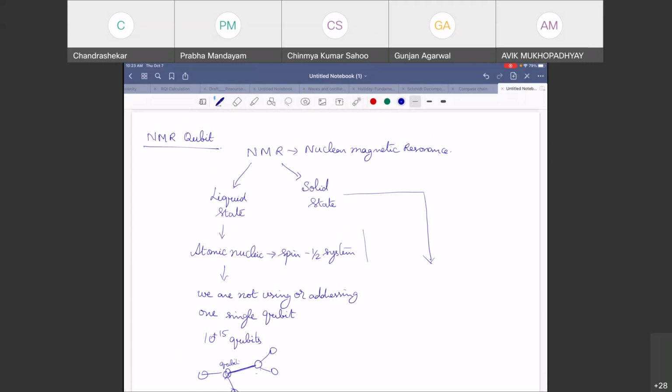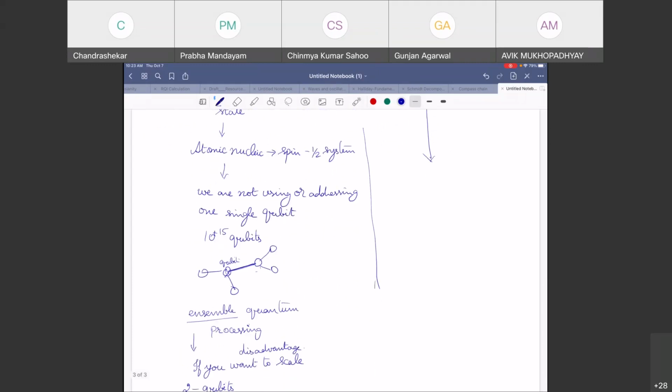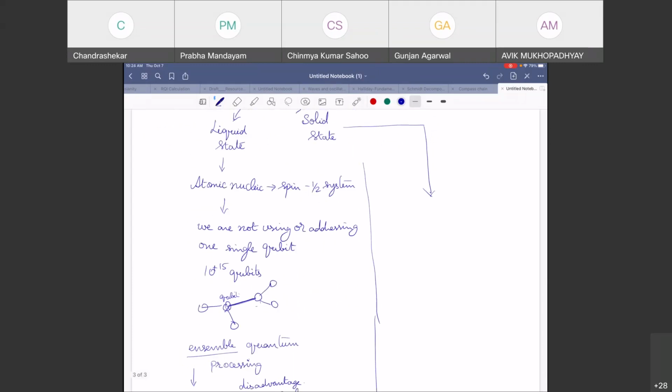The next one is solid state NMR, and this solid state NMR uses a nitrogen vacancy. You have a diamond. Diamond is mostly made of carbon atoms, but sometimes a nitrogen atom gets formed as some kind of an impurity in the diamond lattice.